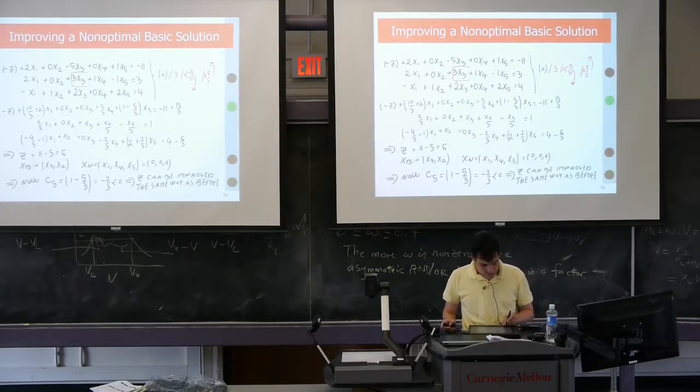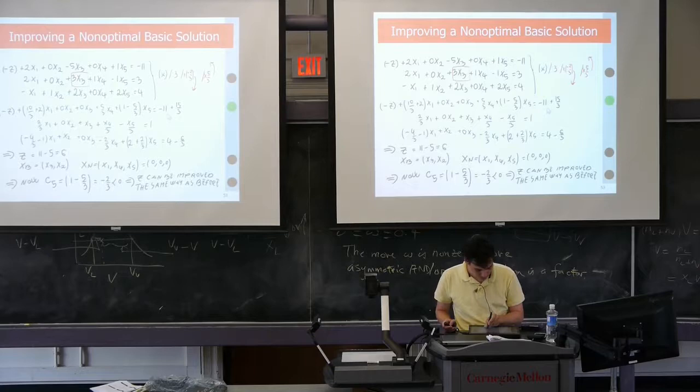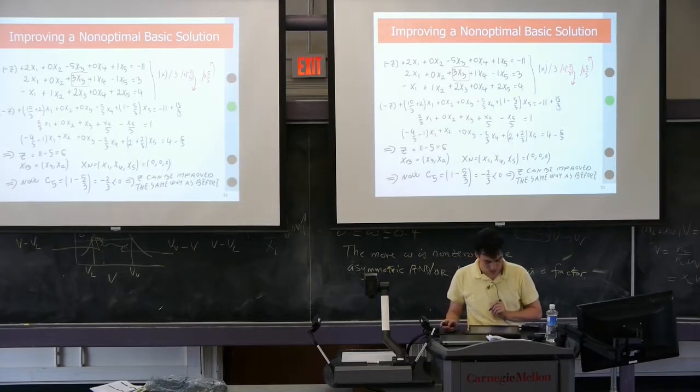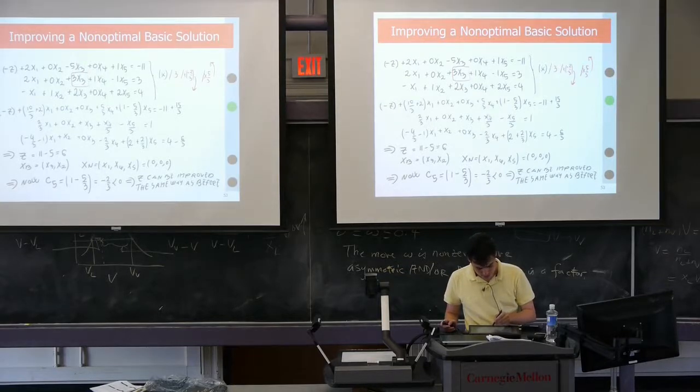Now you can check that x3 came in and x4 went out, and the new value of z will be 6, because it's -11 plus 5. The new non-basic variables will be x1, x4, and x5, and the basic variables are x3, with coefficients 0, 1, 0, and x2, with 0, 0, 1.